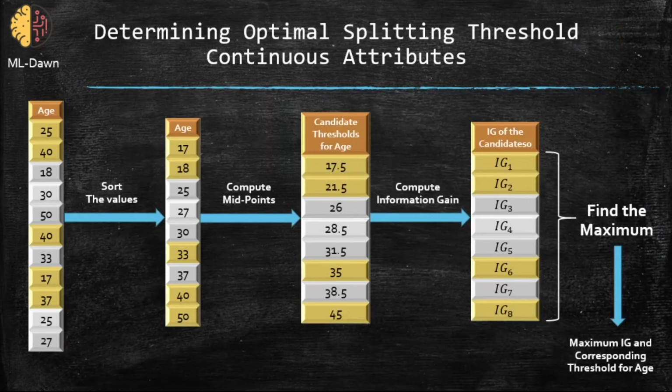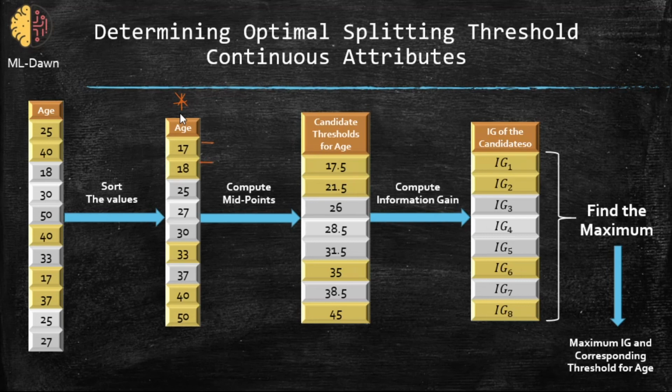So consider this age on the left side. We got 25, 40, 18 years old, and all of that. The way the decision tree chooses the threshold is like the following. First, it sorts the values, from the lowest to the highest, and we get to this point. Then it computes the midpoint between every pair in this column, meaning that we've got 17 and 18.